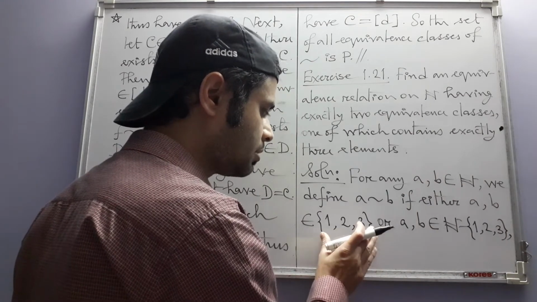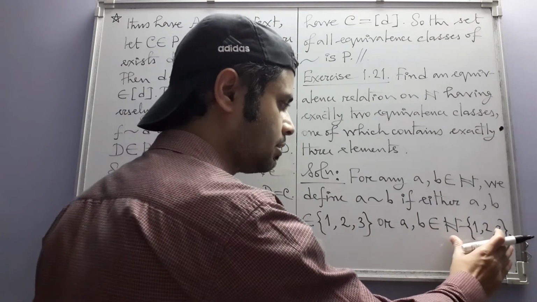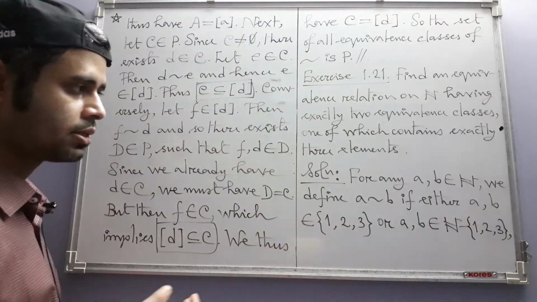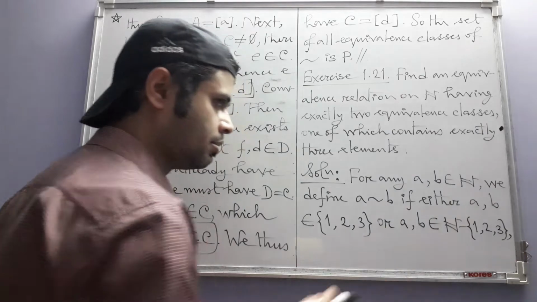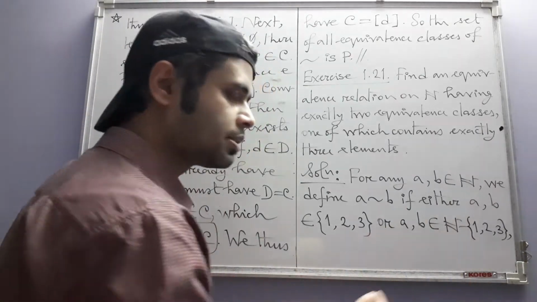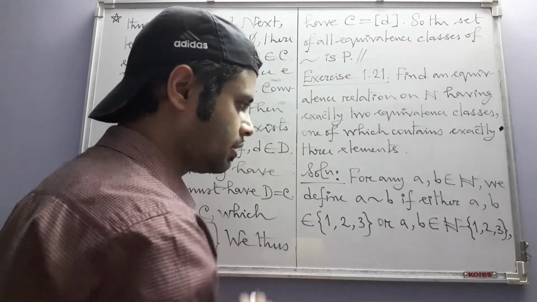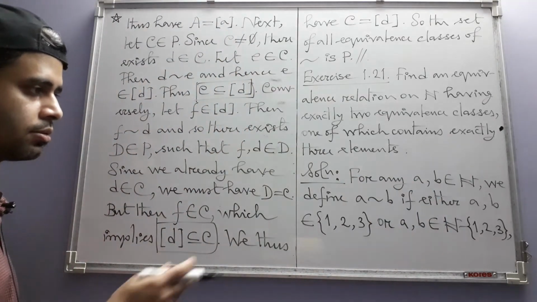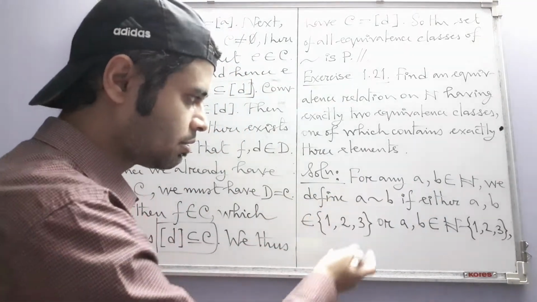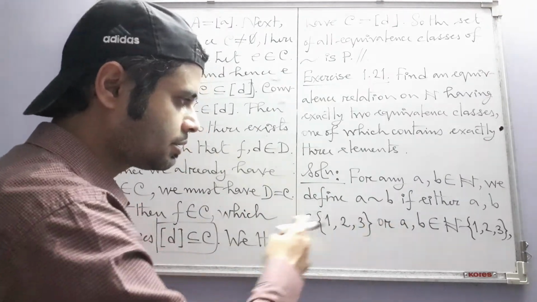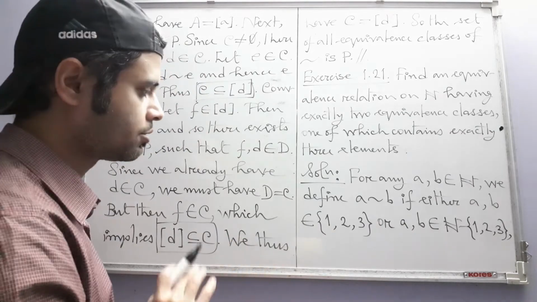One set in the partition is this and the other set is its complement. You can clearly see that these 2 sets form a partition of N. Why? Both the sets are non-empty, they are disjoint and their union is N. So here the definition of this relation is nothing but that itself. In this particular case, the definition reduces to this.